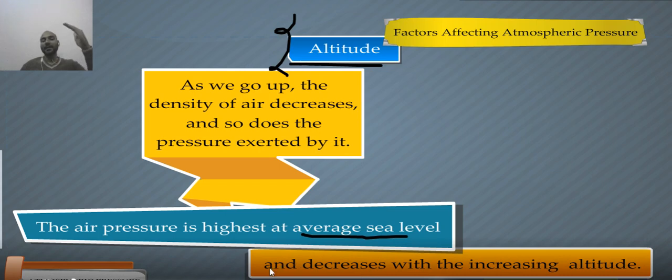Altitude means height. So with an increase in height, there is a decrease in atmospheric pressure. That's why all fighter pilots wear gravity suits to counter the effect of this atmospheric pressure on their body. As we go up, the density of air decreases, and so does the pressure exerted by it.